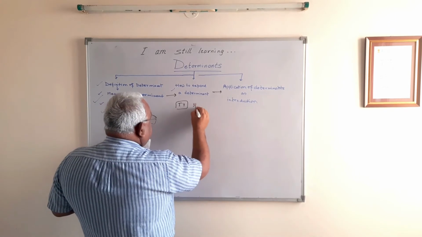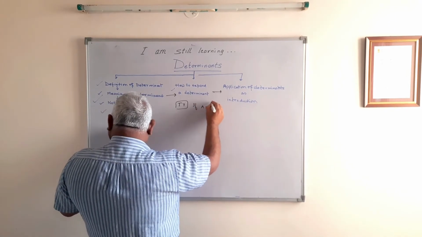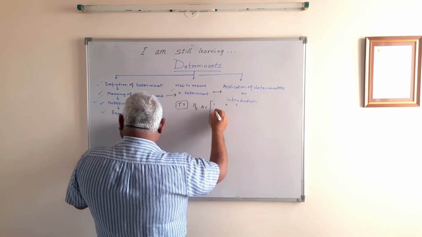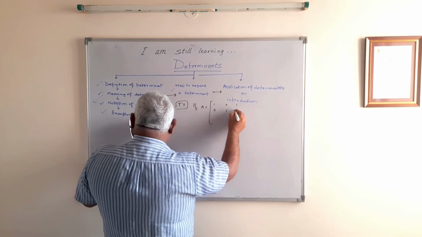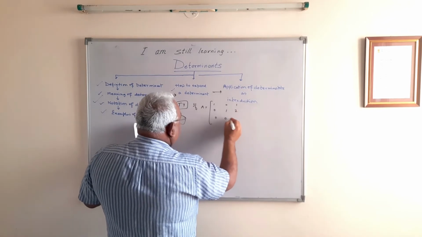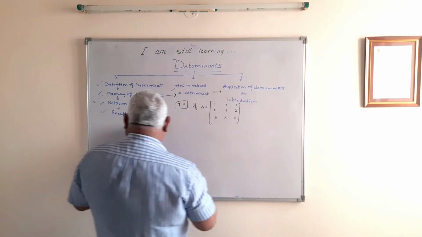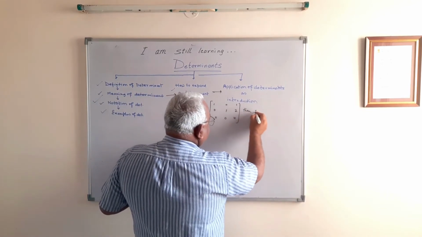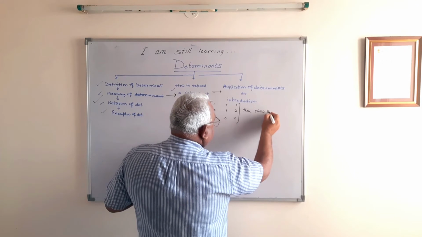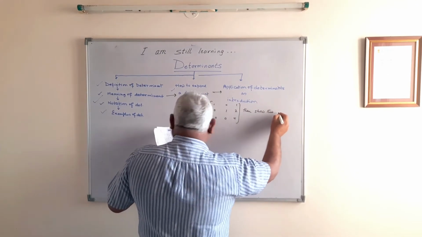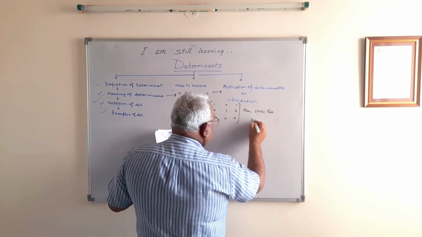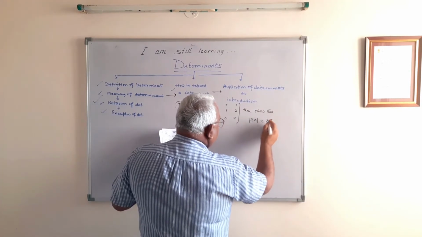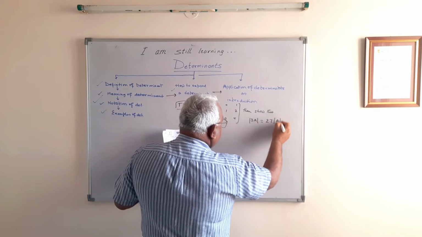If A is equal to the matrix with rows 1, 0, 1, then 0, 1, 2, then 0, 0, 4, then show that the determinant of 3A is equal to 27 times the determinant of A.